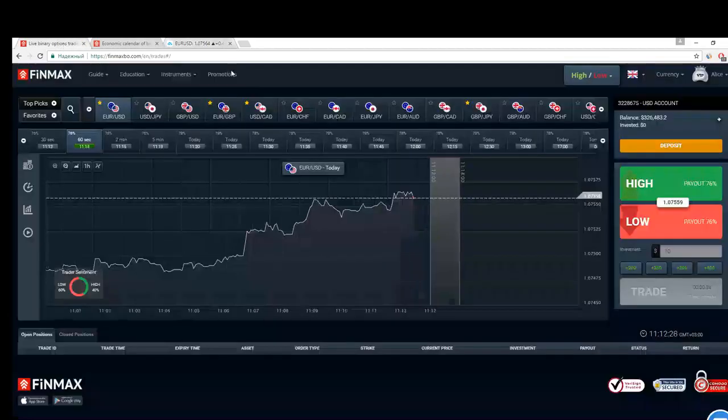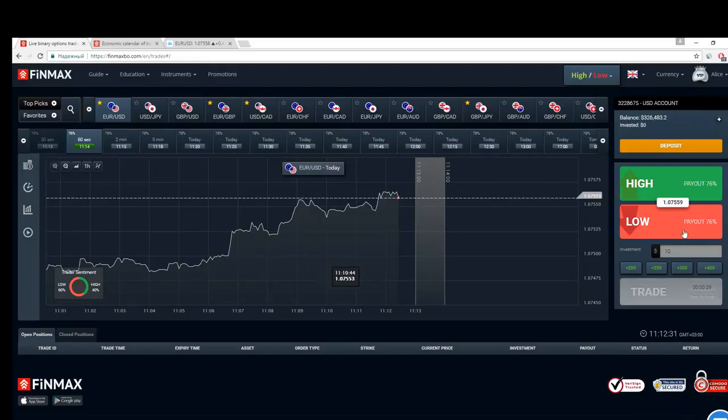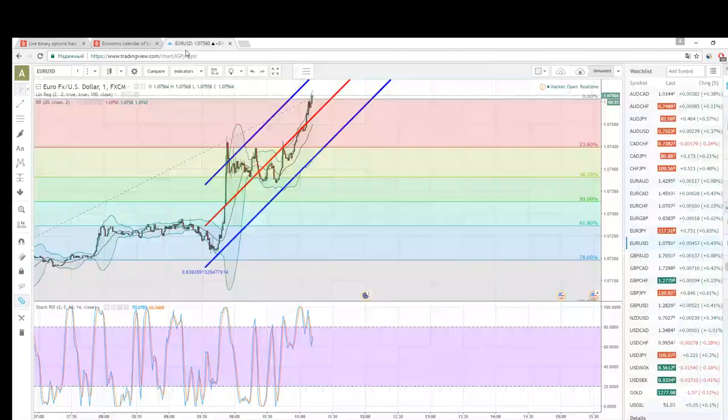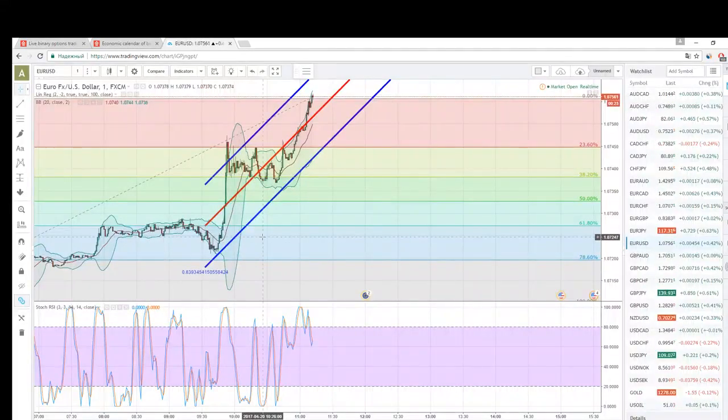So let's open the first trade on the most standard asset, which is Euro American dollar. I will enter follow for 1 minute, and as always I will write down this trade in order to know what I have opened and to control all the current trades, to control the results of the trading.